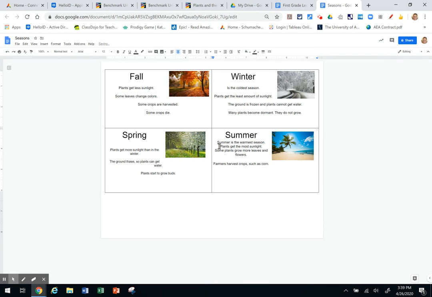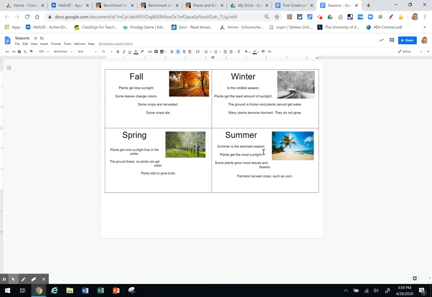Okay, so think about spring and summer. Think about how these seasons are the same. Compare them and think about how they're different. Contrast them, okay? So some examples would be they're both kind of warm seasons, right? Only summer is warmer than spring.